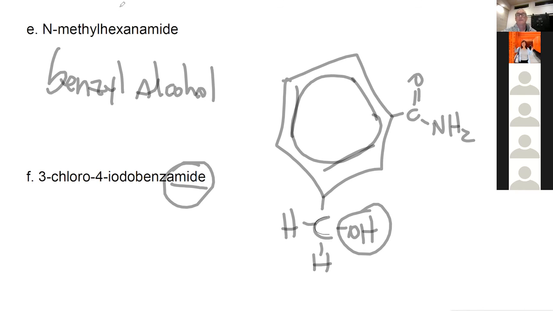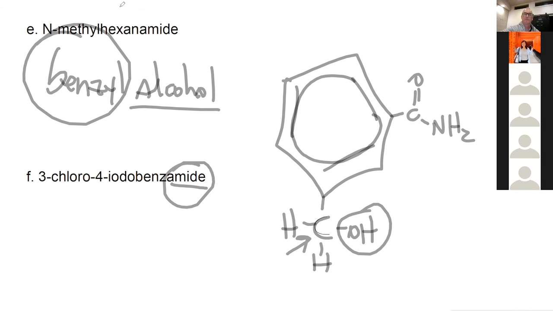Benzyl alcohol just says it's an alcohol group with a benzene ring attached to it. An alcohol group is different from a hydroxyl group. An alcohol group actually has to have the carbon too, so that's different from just the hydroxyl.